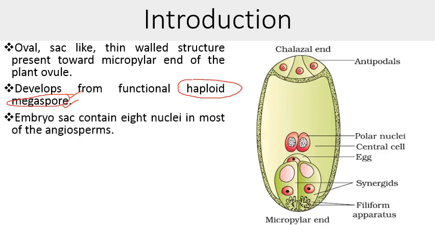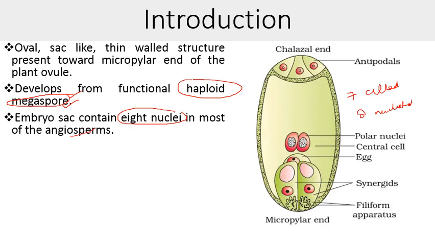Embryo sac contains 8 nuclei in most of the angiosperms. जो commonly angiosperm में embryo sac होता है उसमें होते हैं 8 nuclei and 7 celled. So mostly 7 celled and 8 nucleated embryo sac is found in case of angiosperms.